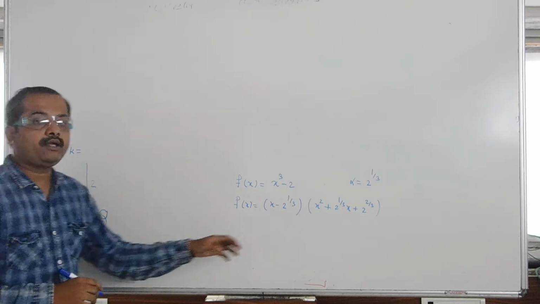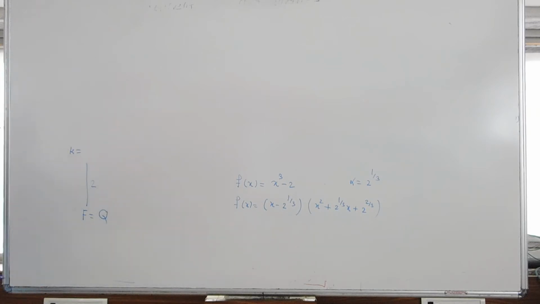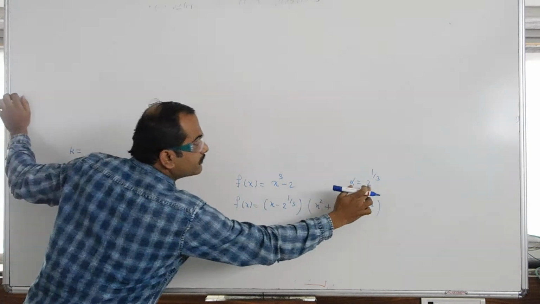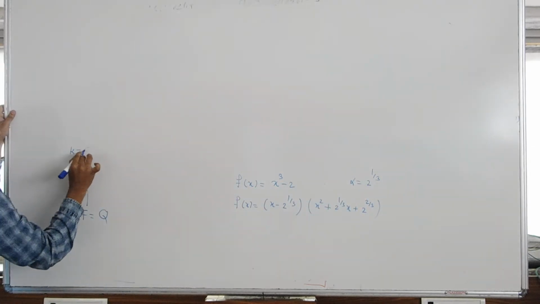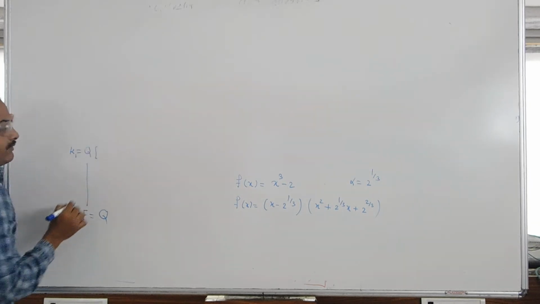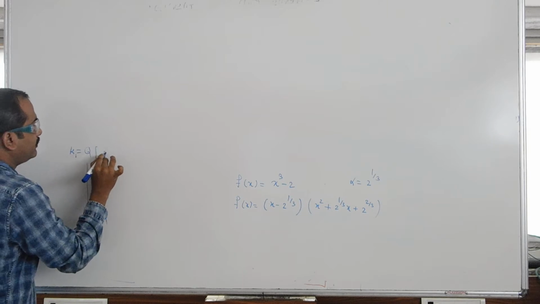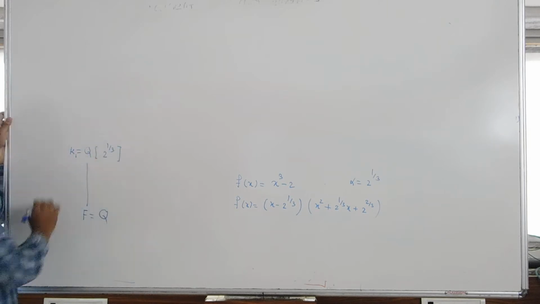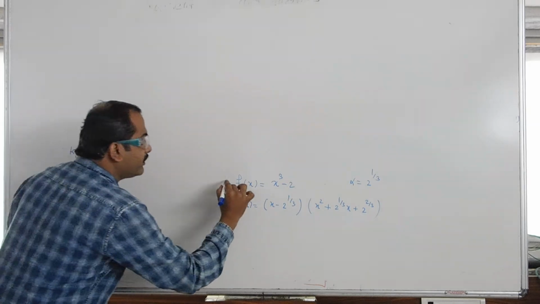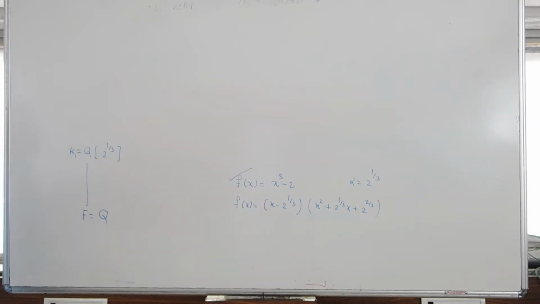Now if somebody takes only this one root and attaches it here, it is called K1. So K1 is the extension Q of 2 raised to 1 upon 3, which satisfies the polynomial f of x.